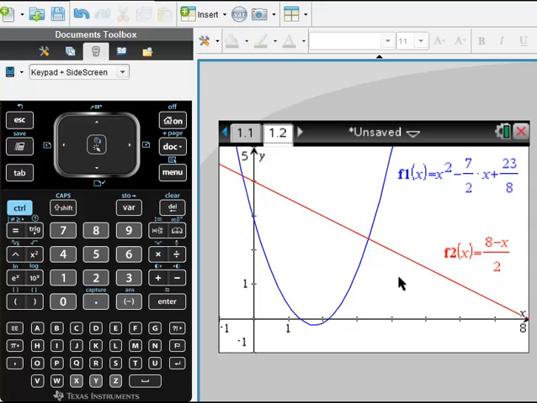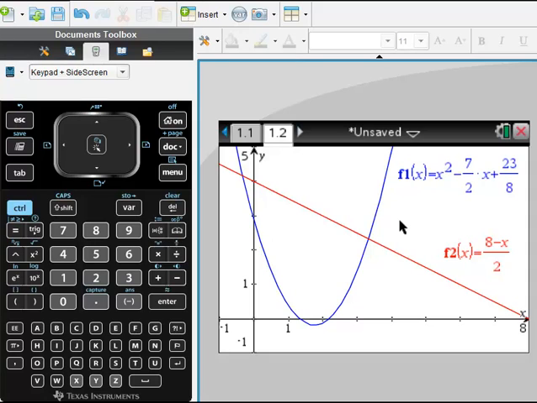And as far as shading goes, if you did this like turning these things into inequalities and shaded above or whatever, that would sort of do it, but you'd have a lot of colors all over the place that you don't want. To shade a specific region with the Nspire, I find it's easiest to simply sketch some polygon that basically approximates the region and fill it in.